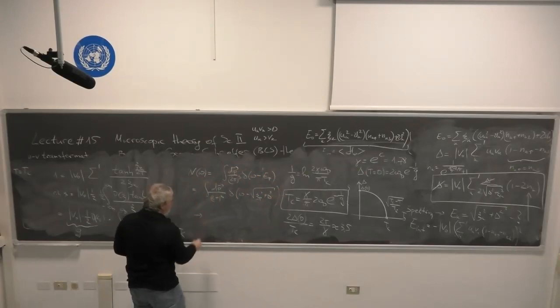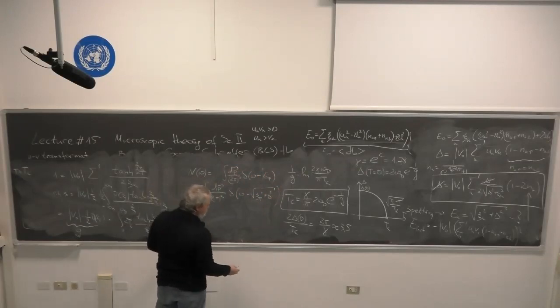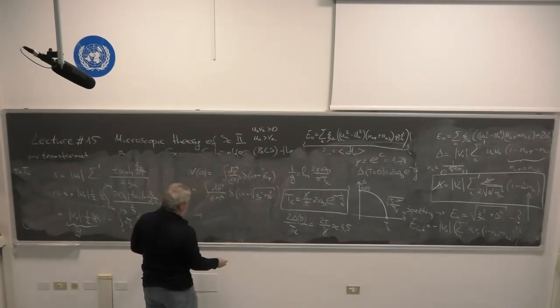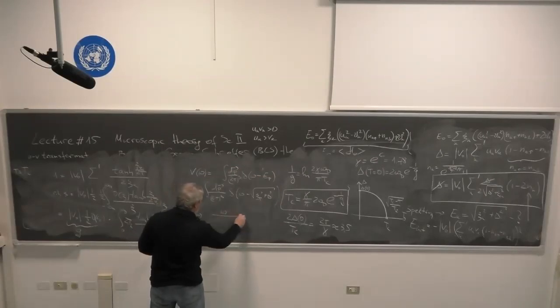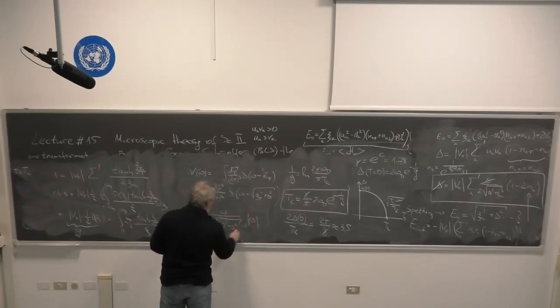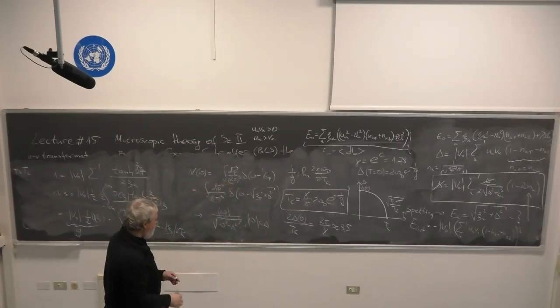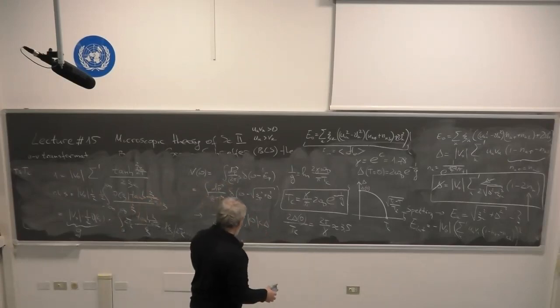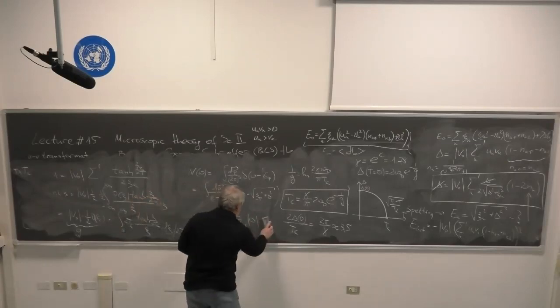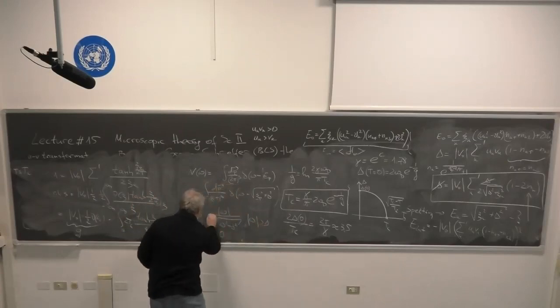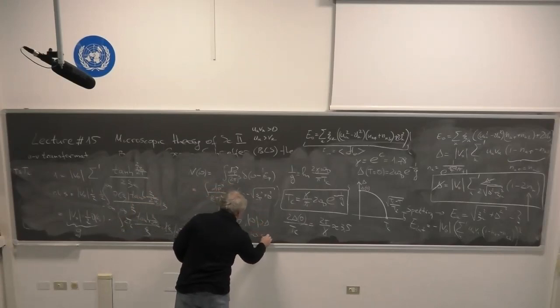And you will find that the density of states is 0 for frequencies smaller than the gap. So it behaves like omega divided by square root of omega squared minus delta squared for omega larger than delta. Sorry, and it is 0 for omega smaller than delta.